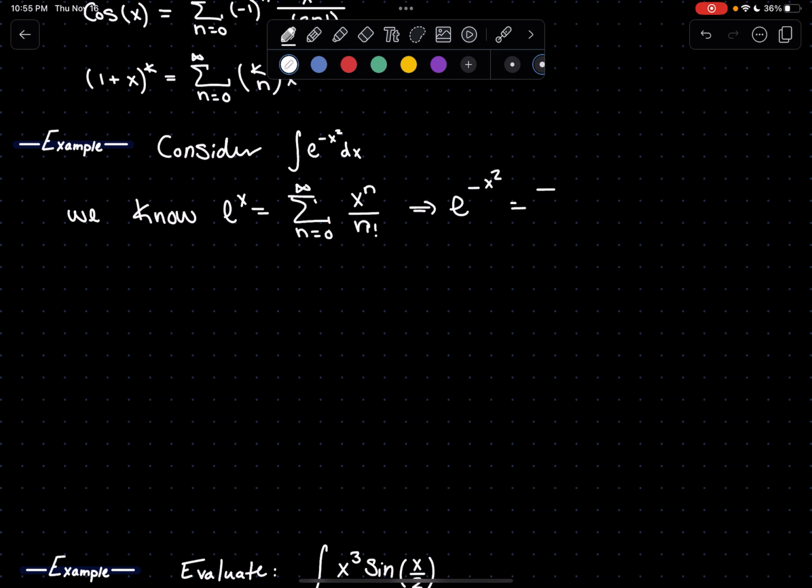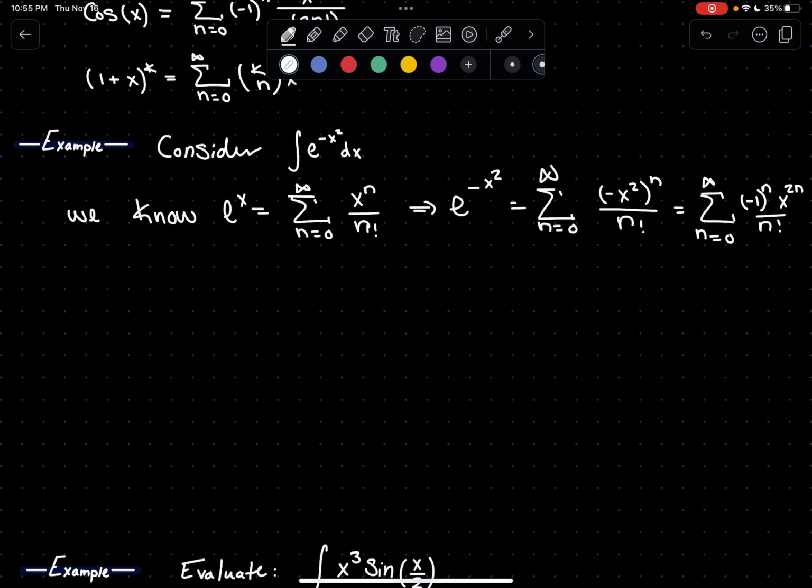This is equal to the sum from n equals 0 to infinity of negative x squared to the n over n factorial, right? And I could simplify this down a little bit, n equals 0 to infinity, negative 1 to the n, x to the 2n over n factorial, right? A little bit easier to deal with.